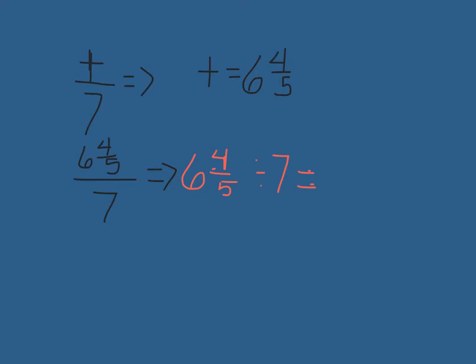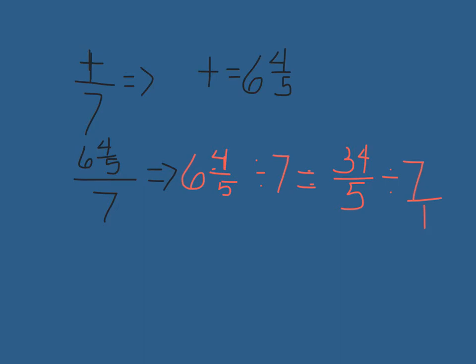So now we turn 6 4/5 into an improper fraction, and that would be 34 over 5 divided by 7. Now we need to turn this into a fraction, so I'll go ahead and put that over 1.